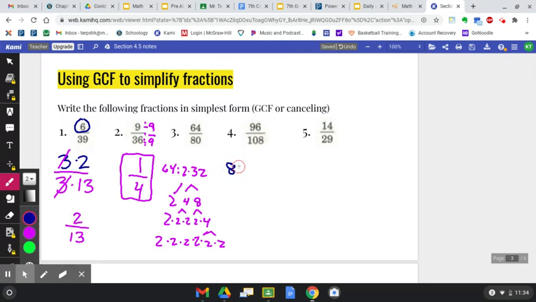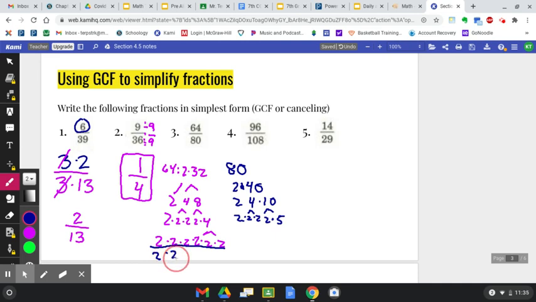80, if we break that down, I could say that's 2 times 40, and then I'm going to say that's 4 times 10. And so we'd have 2 times 2, and here we would have 2 times 5, all primes. So I'm going to take that and write it out underneath it.